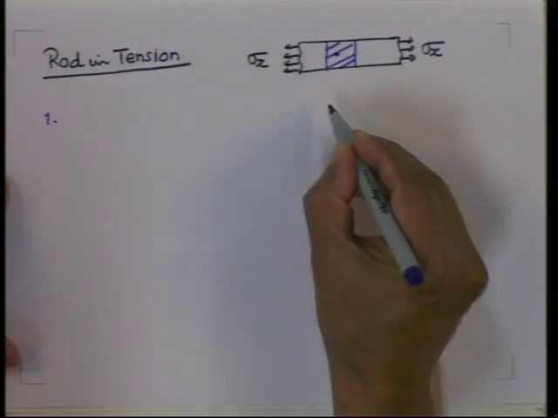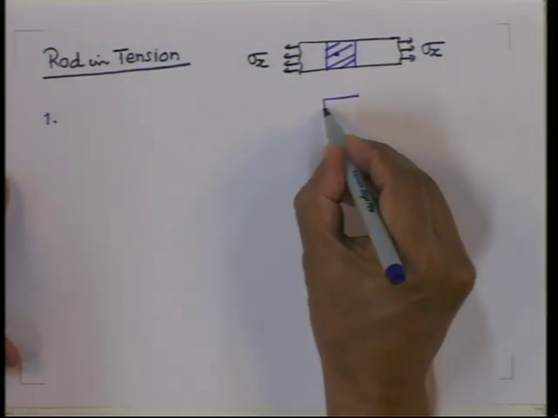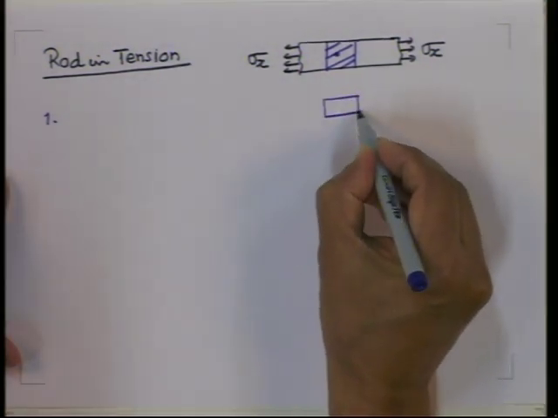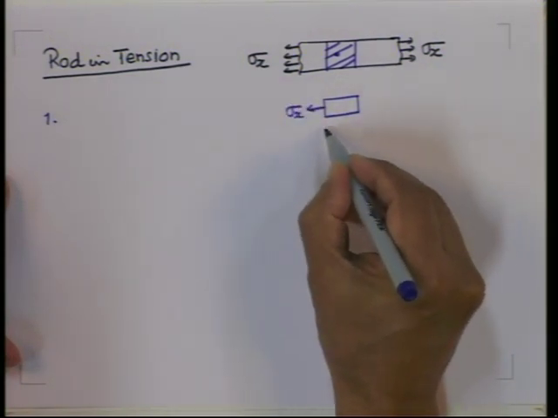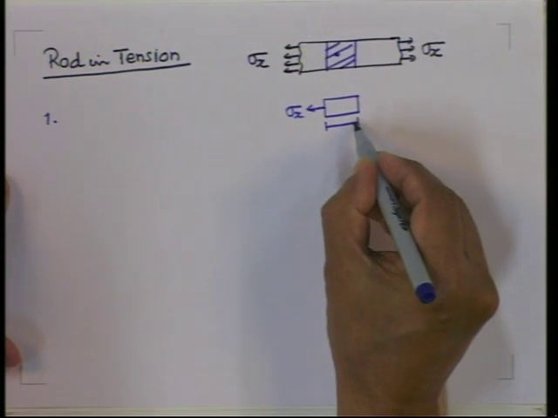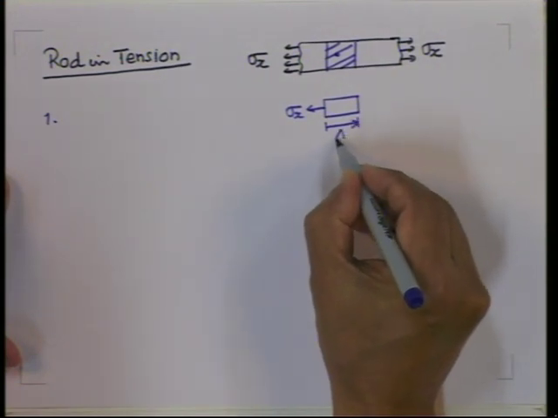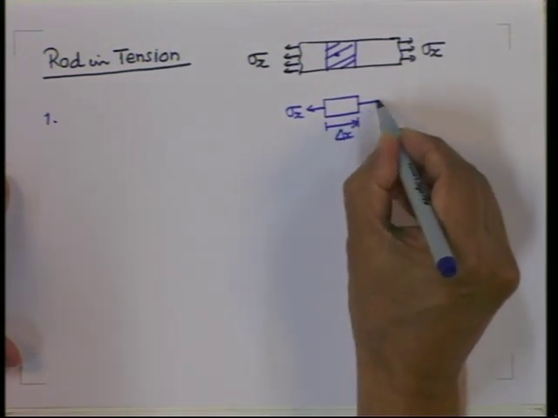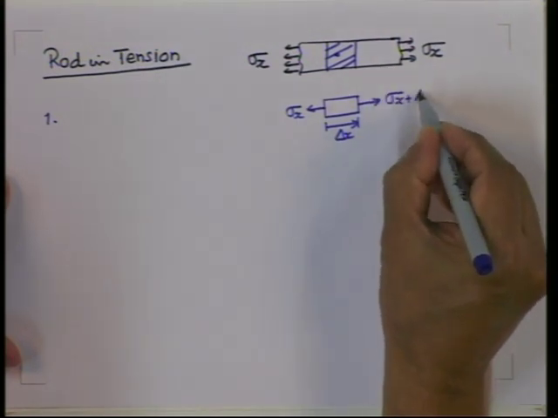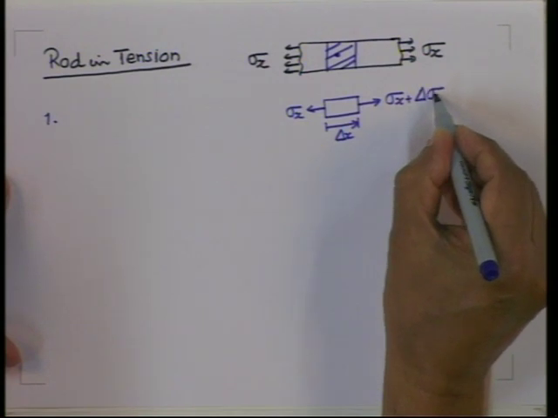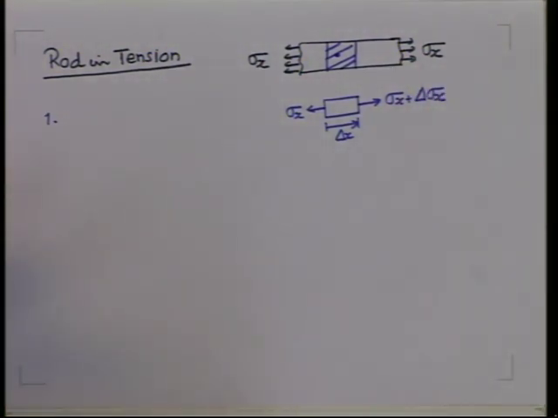If it is under uniaxial tension, you have sigma x on this side, but as you take a small element delta x, this stress will increase by a differential amount.